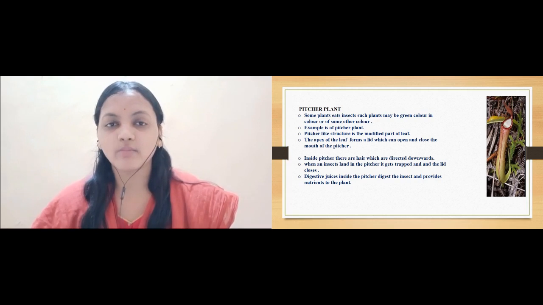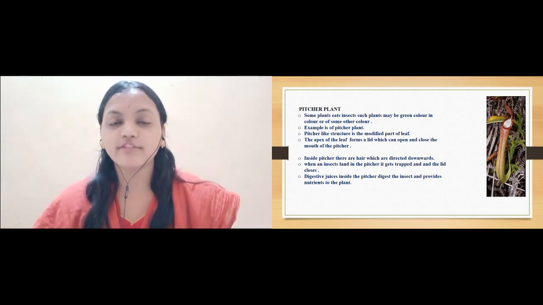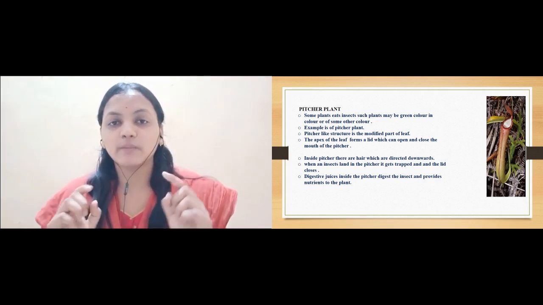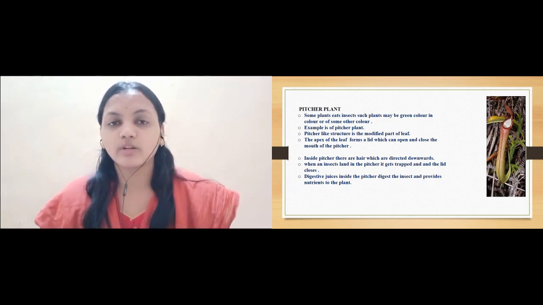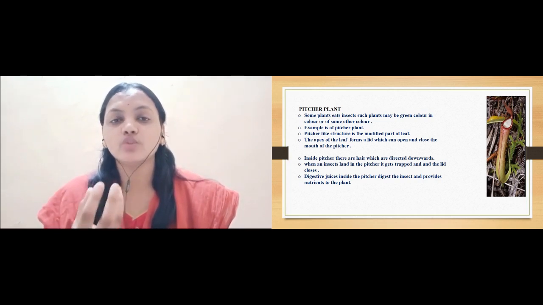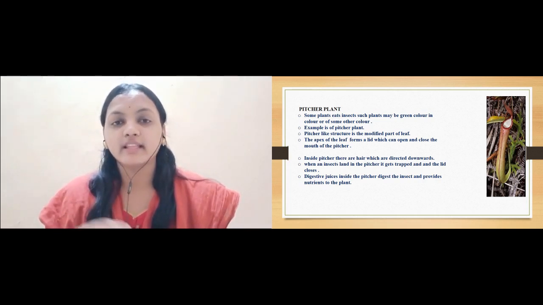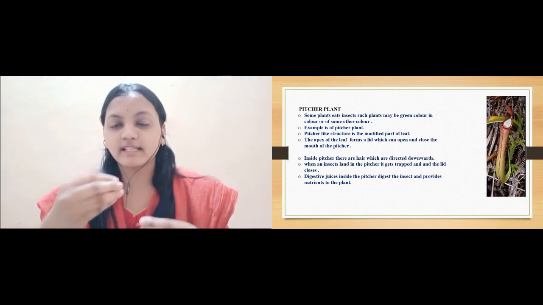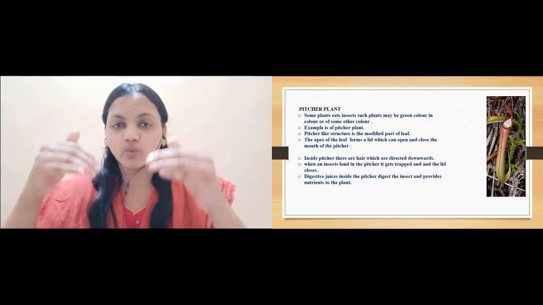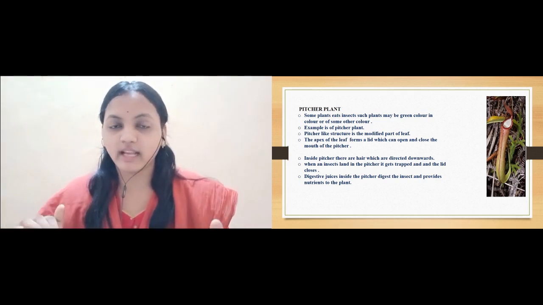This plant has a modified leaf part which is called the pitcher. The pitcher consists of a cylindrical or tube-like structure in which digestive juices are filled, and it has certain hairs inside which point in the downward direction.